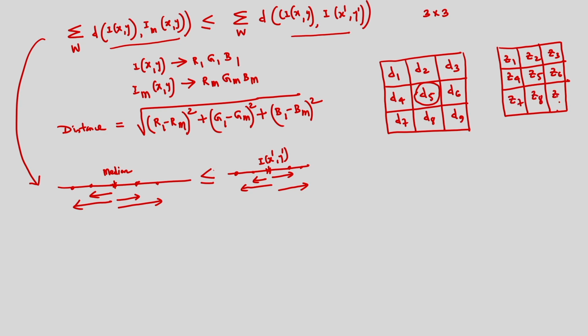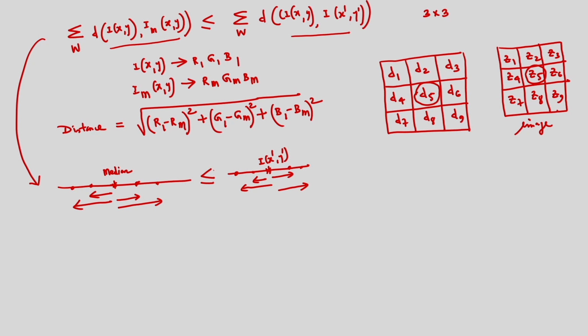This is the image I am considering. Now, corresponding to the center pixel Z5, I want to determine the median value, the vector median value. So, for this I am considering the 3 by 3 window, and I am finding the distances D1, D2, D3, all the distances I am calculating.